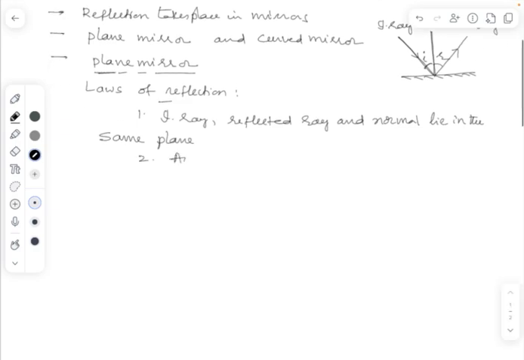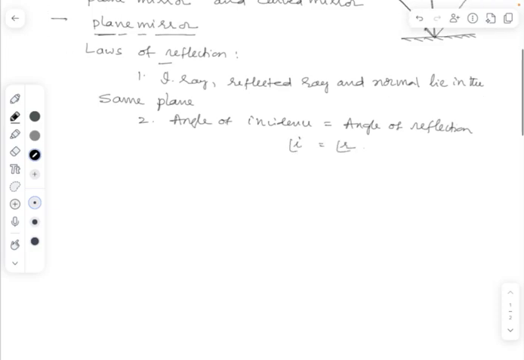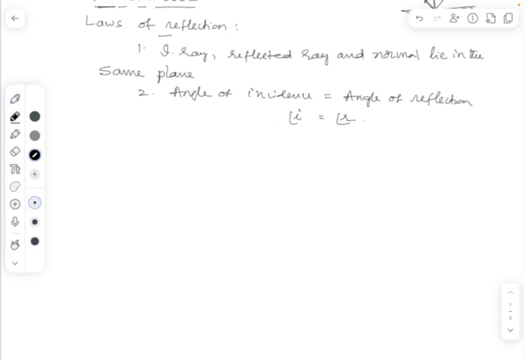Angle of incidence equal to angle of reflection. Angle of incidence i equal to angle of reflection r.